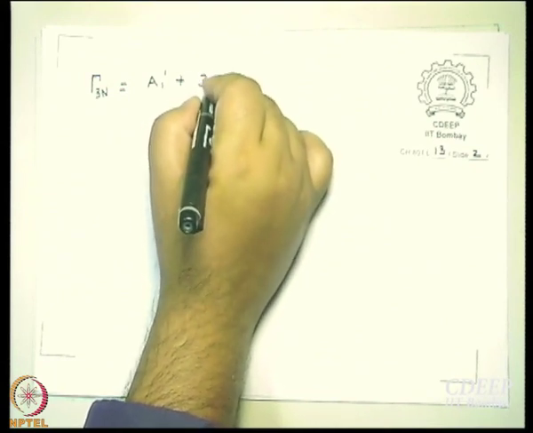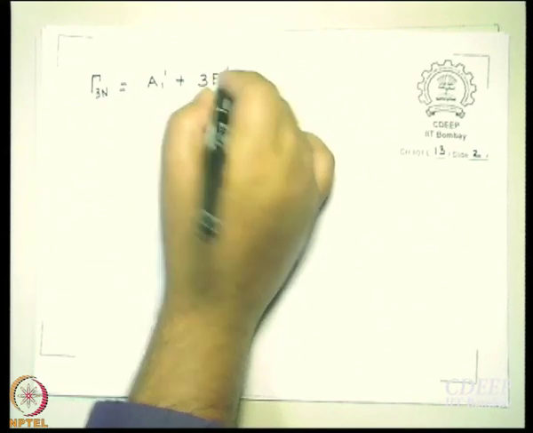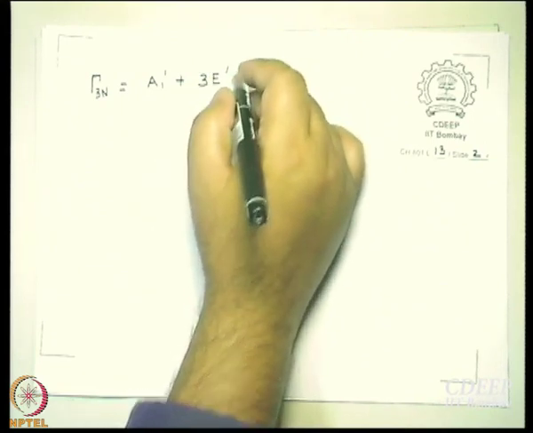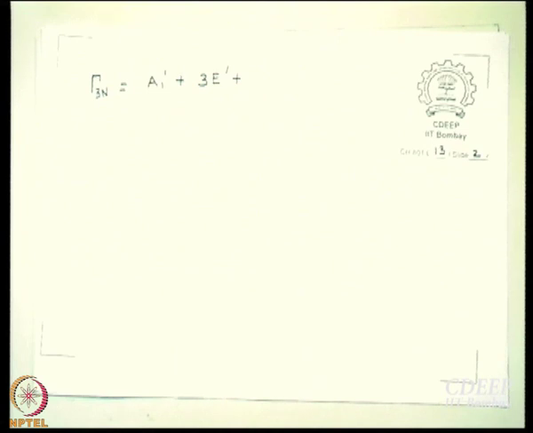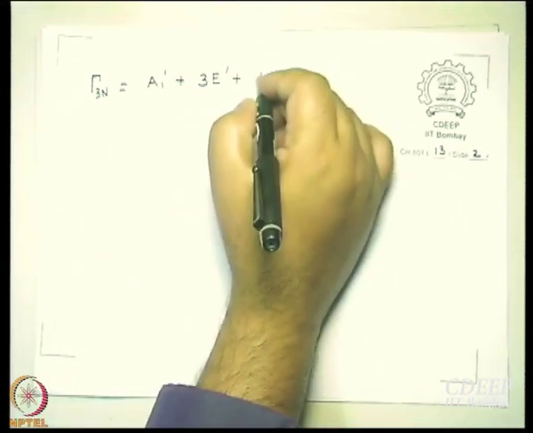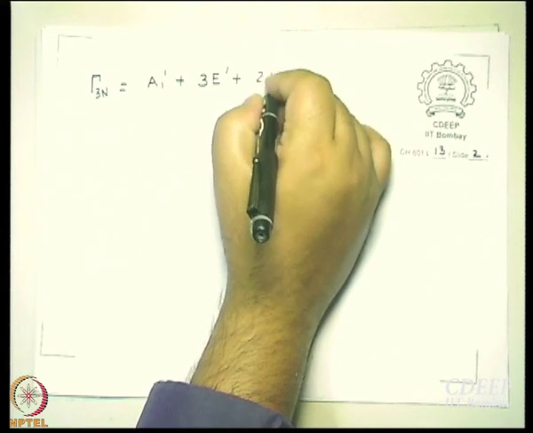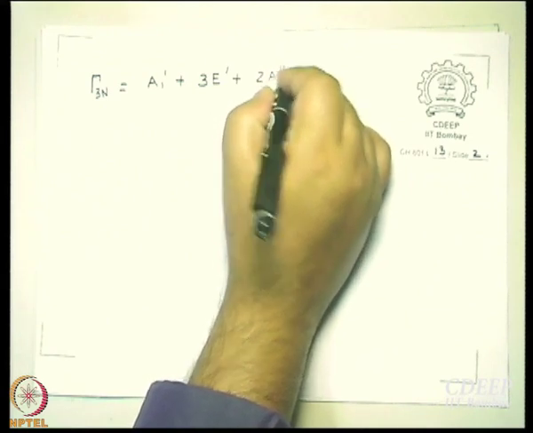So your answer would better be correct. 3E dash plus 2A. So nothing for A1 double dash, 2 A2 double dash.